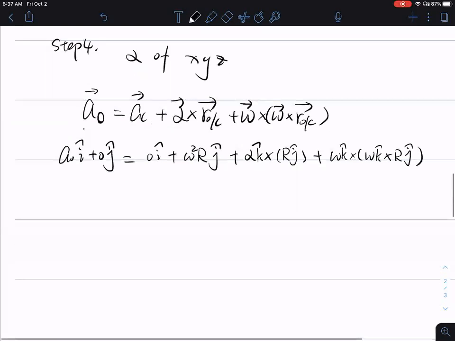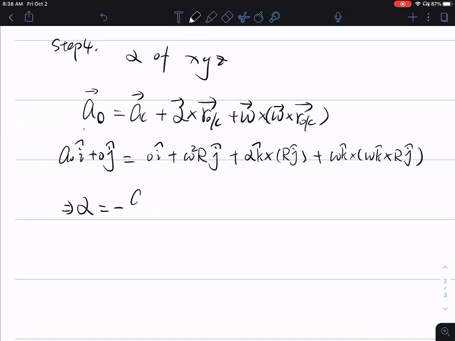Okay. From here, this is what we learned in chapter 2. You can break this vector equation into two scalar equations and solve. And you can solve for alpha.